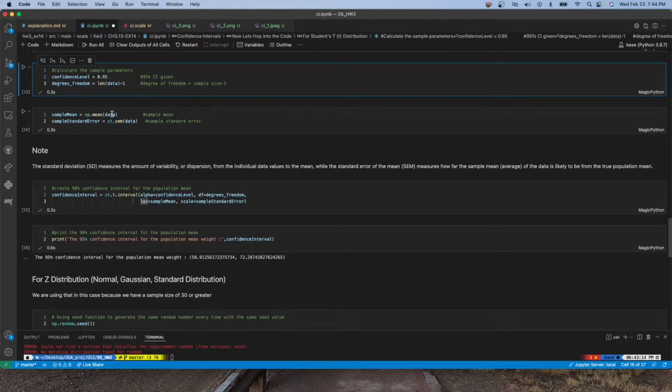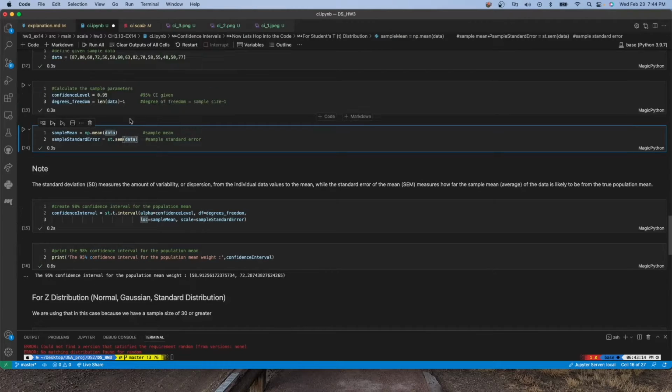Then we calculate the sample mean. And this time, we're going to calculate the sample standard error. This is one difference from the above. The reason we're using the sample standard error here is because we're not using a set level of confidence. This is variable. So we need this to calculate the different t-distribution variables in this case.